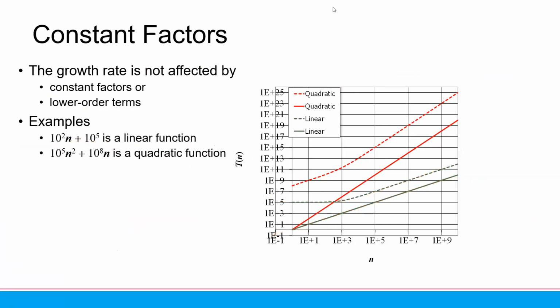When you have no constant, it will show like this. If you have any constant, maybe it's stuck here, but the growth rate will have the same line. The growth will be the same at the end, regardless of how big the constant is and how big the lower order terms are.